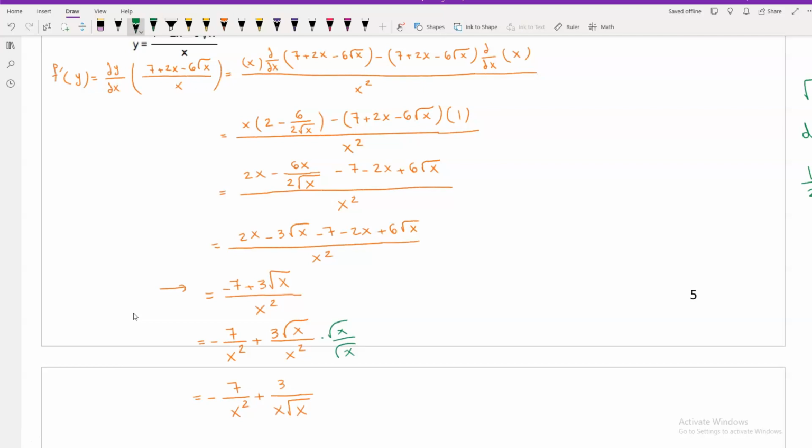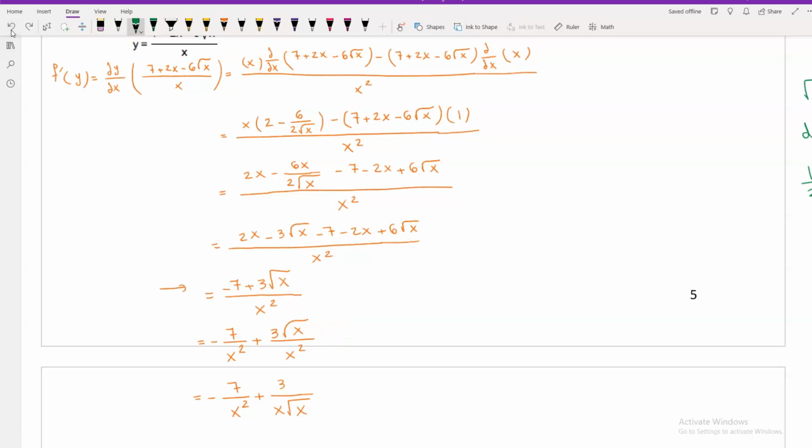So we have 3 times x divided by x squared times square root of x. We can cancel x, and that means we will have 3 divided by x times square root of x. So this is our final answer.